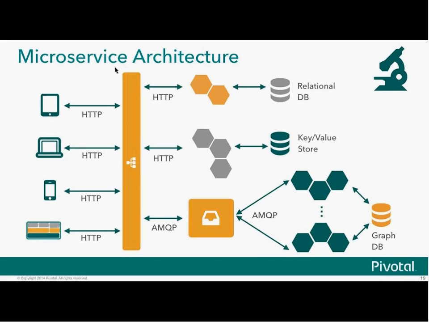All it's doing is allowing services to announce themselves, and then allowing other services to query and see what services are available. But once I obtain that information, then I'm actually going directly point to point with those things.